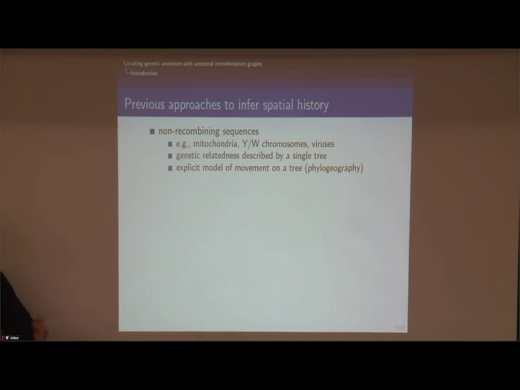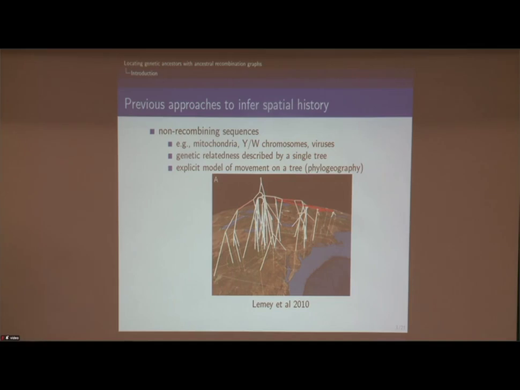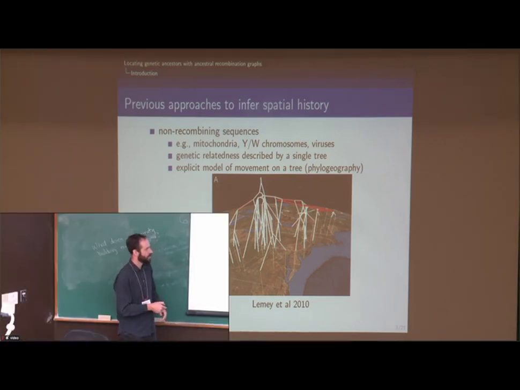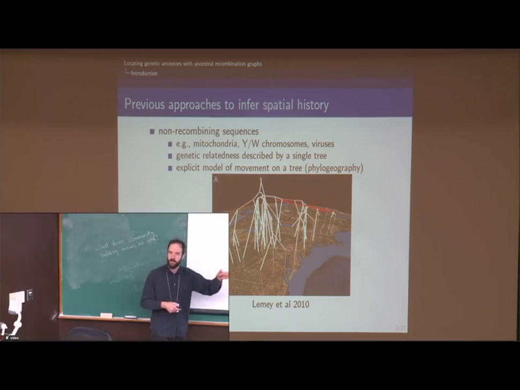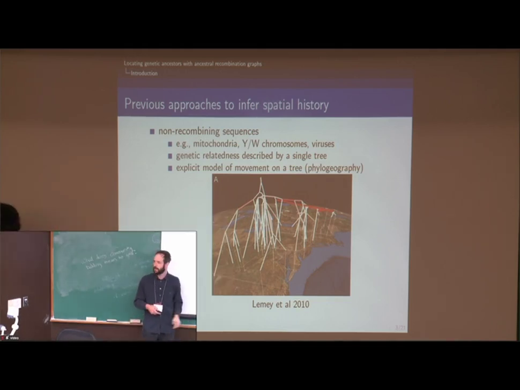And that's the realm of phylogeography. It's been around for a while. And we can do things like with this rabies virus in the northeastern US, we can project that tree into space to locate the genetic ancestors and the rates of movement of those ancestors along the tree. Okay, so estimating dispersal rates and the location of genetic ancestors.